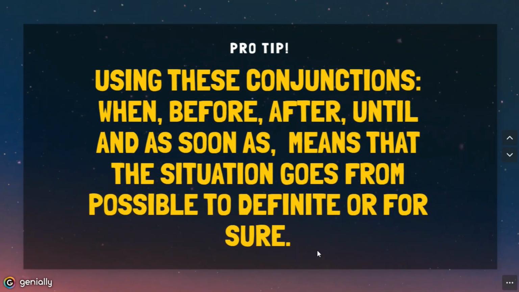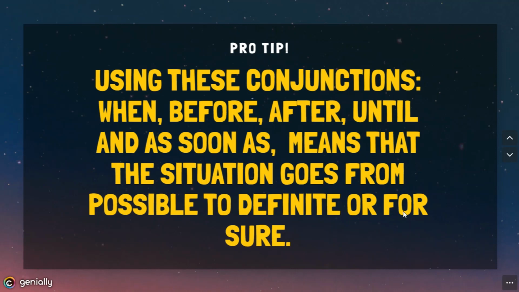And here's a pro tip. Using these conjunctions, when, before, after, and until, and as soon as, means that the situation goes from possible to definite or for sure. Cuando utilizamos estas conjunciones, when, before, after, until, and as soon as, la situación pasa de ser posible a definitivamente o que sí efectivamente va a suceder.